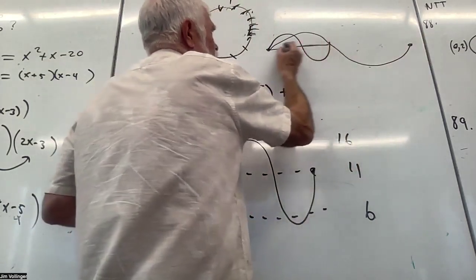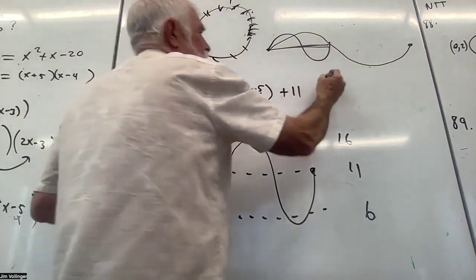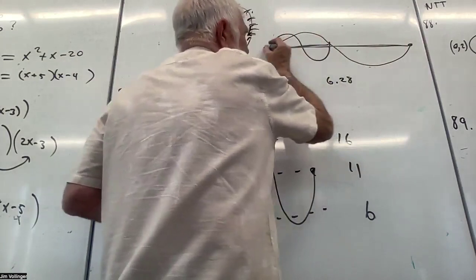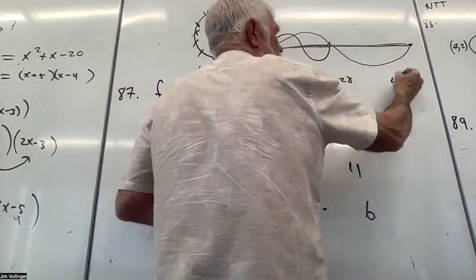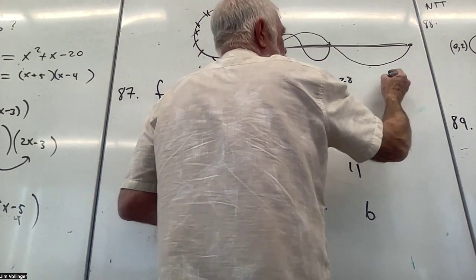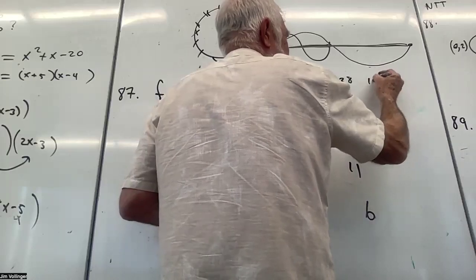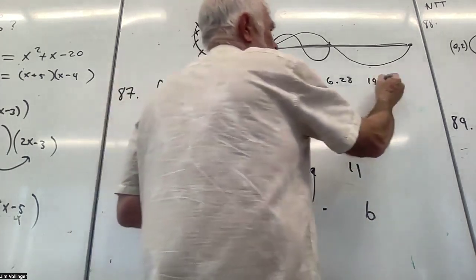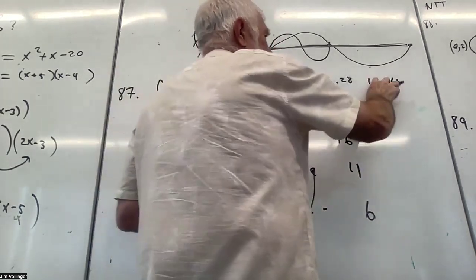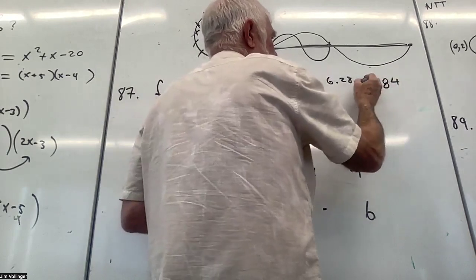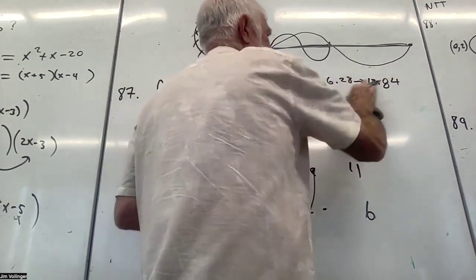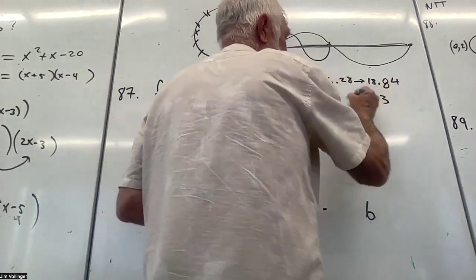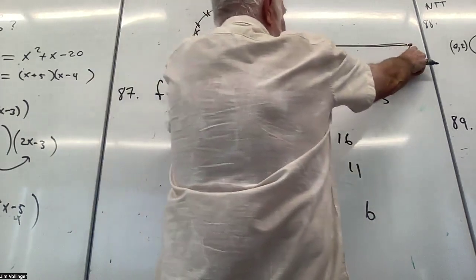This period was 6.28 steps, and my period of the function right there, that length is going to be, so 60 and 24, 84. All right, there we go. Yeah, I wonder how that compares to that. I think it's a 3-to-1 ratio. Yeah, I think this is 3 times longer than that.